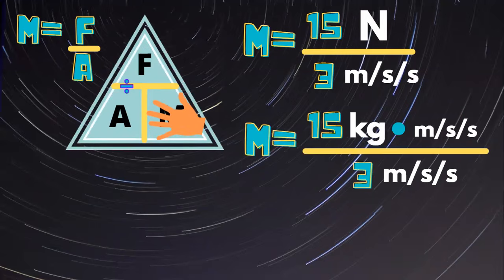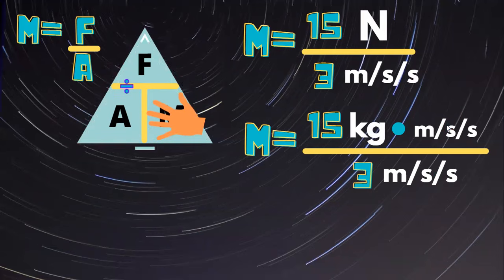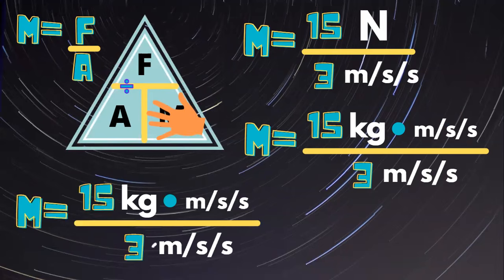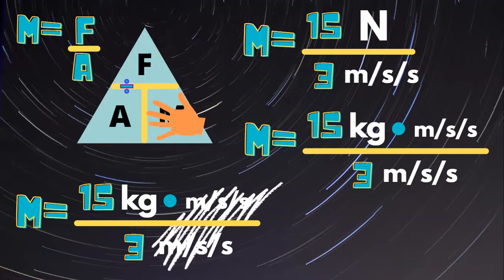Now remember, newtons can be written as kilograms times meters per second squared as well. And we're going to put that back in there now since we have meters per second squared on the bottom and meters per second squared on the top. What that allows us to do is cross those off.